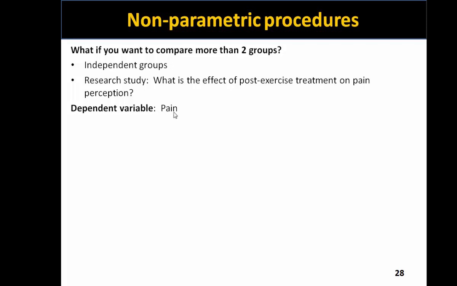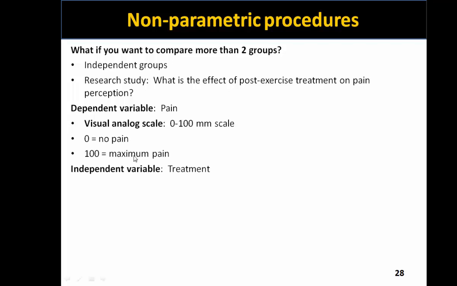Our dependent variable in this example is pain, measured on a 10 centimeter or 100 millimeter visual analog scale from no pain to maximum pain, and the participants would just indicate on a line where they felt pain, as indicated by the numerical values. The independent variable in this case is treatment, and how that post-exercise treatment would affect pain perception.